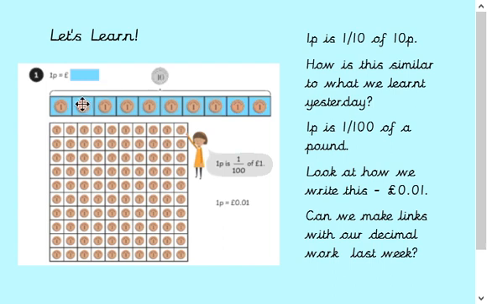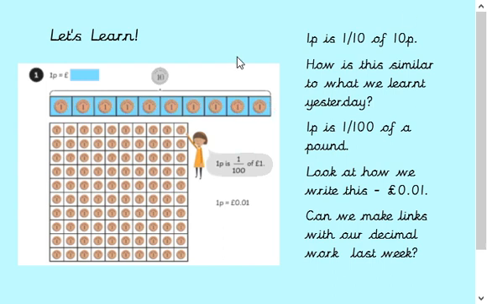We are looking at how many 1-pence pieces, how many pennies make 10 pence. And you can see clearly here that we've got 1, 2, 3, 4, 5, 6, 7, 8, 9, and 10.